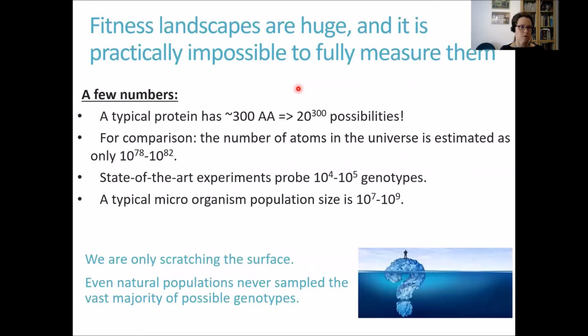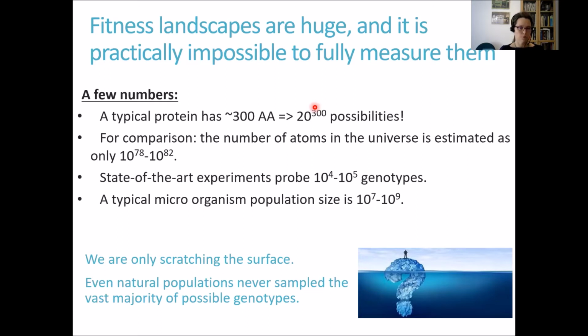Okay, so fitness landscapes are huge, but let's get some intuition. Where are the modern measurements of tens of thousands of genotypes with respect to the actual size of fitness landscapes? If we think of a typical protein of, let's say, a size of 300 amino acids, then there are a total of 20 to the power of 300 different possibilities for such a protein, simply enumerating the number of peptides of that length. Of course, not all of them would be relevant proteins. Some of them may not fold or may be unstable, but still we're talking about very large numbers.